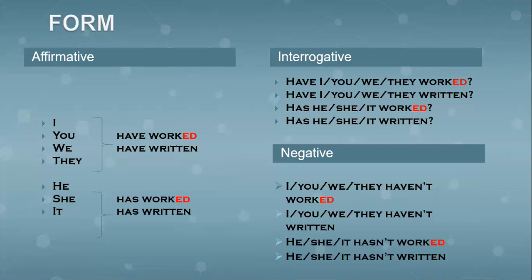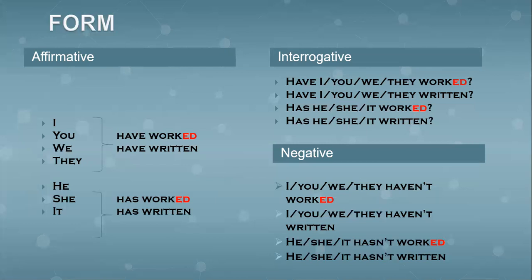Now we learn that in the present perfect, we always use the helping verb to have. If it comes with package number one, I, you, we, or they, we use it as it is, have. But if it comes with package number two, he, she, or it, we change it by adding an s to it so it becomes has.